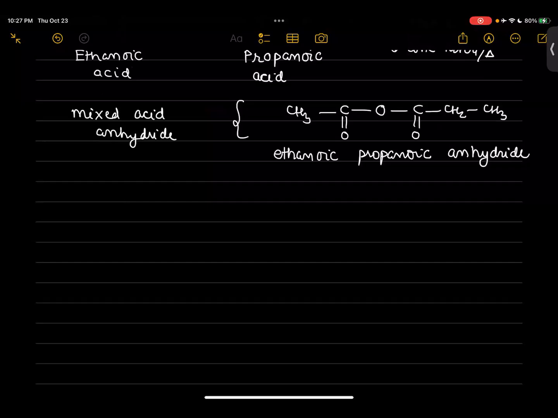Now let me move to the other functional group. That other functional group which I'm going to discuss is a carboxylic acid derivative. You all are aware of that carboxylic acid derivative because of its fruity smell. Got it? So which carboxylic acid derivative was that? Tell me.